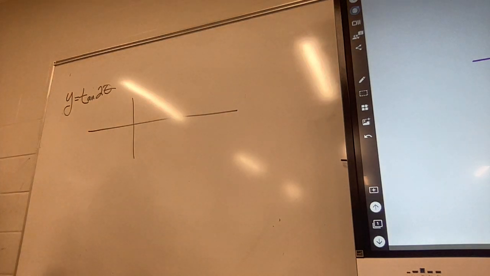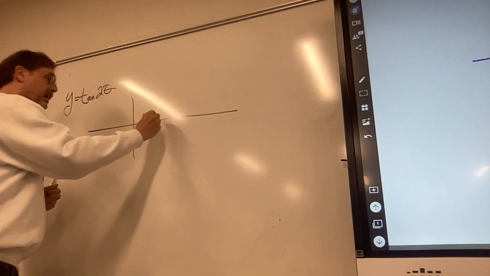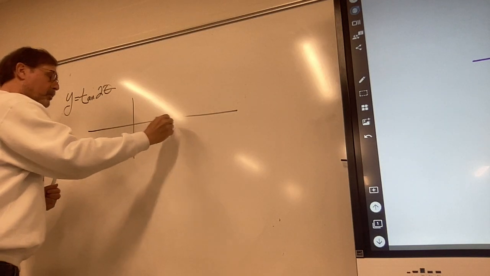Once you've redrawn that tangent, below it, would you write y equals tangent 2 theta and then don't do anything?